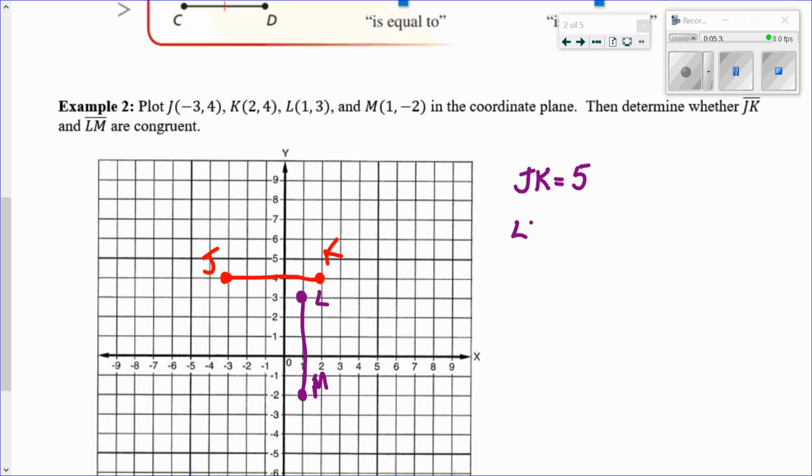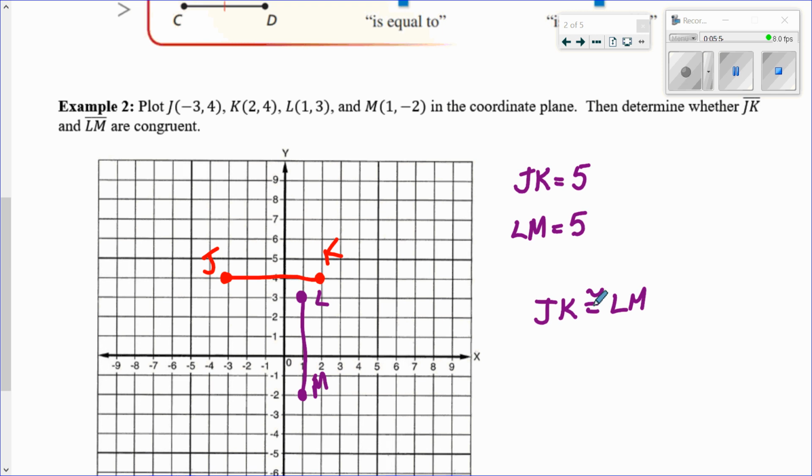Then LM, count down, 1, 2, 3, 4, 5. If you look, they are equal, so therefore we can say they are congruent. So I have JK is congruent to LM.